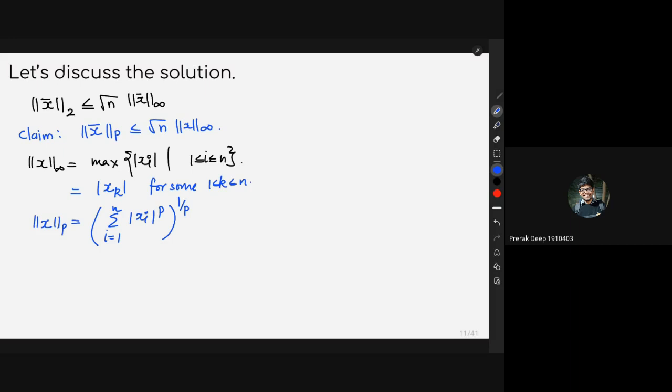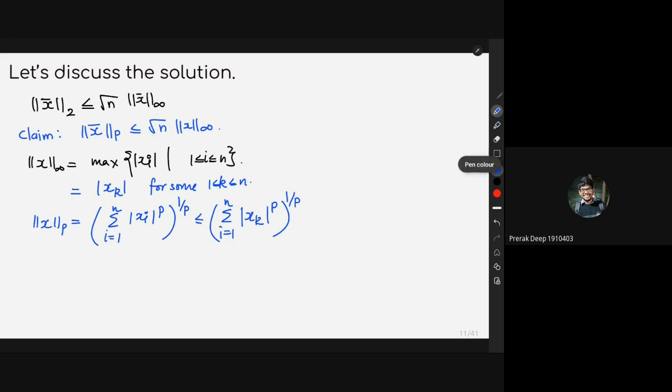Now clearly this quantity will be smaller than the maximum of all those xi's. So in particular I will take it to be xk, summed from 1 to n, to the power 1 over p. Since xk is not dependent on i, I am just adding a constant. How many times? Almost n times, I am adding the constant n times.